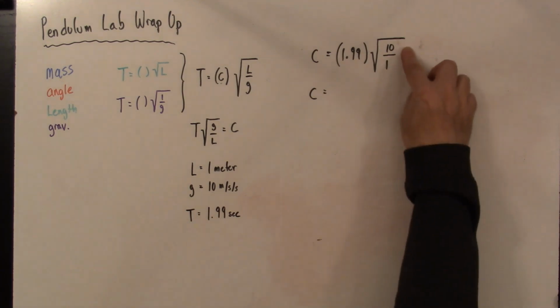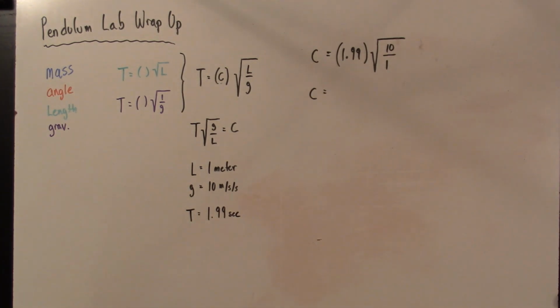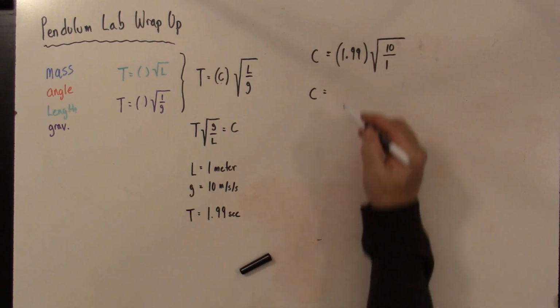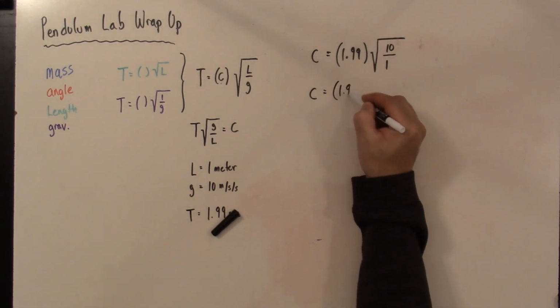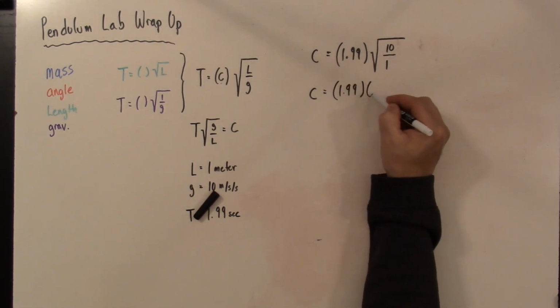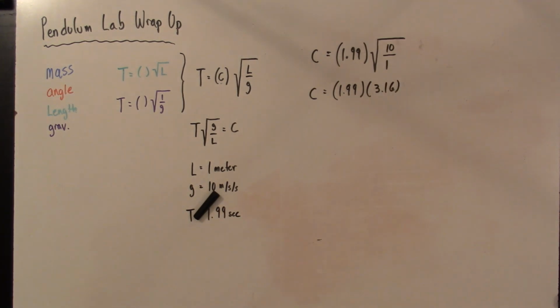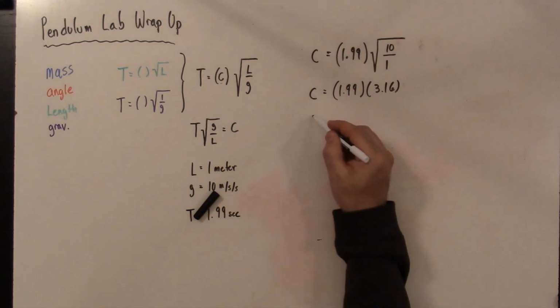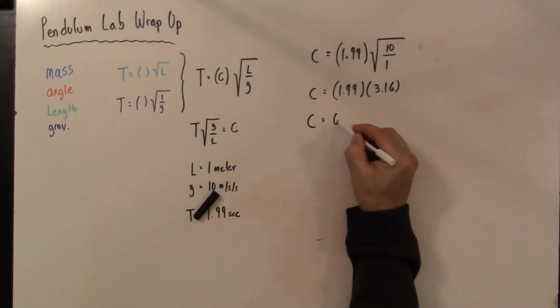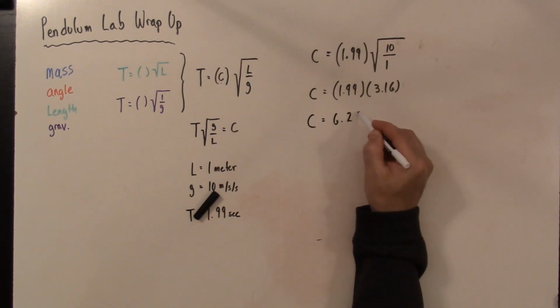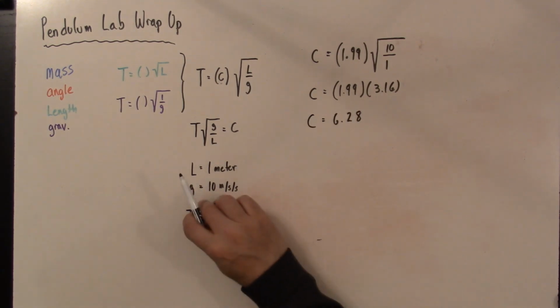Basically, 10 over 1 is 10, and I'm going to take the square root of 10. So I end up with 1.99 times 3.16. This is equal to 6.28.